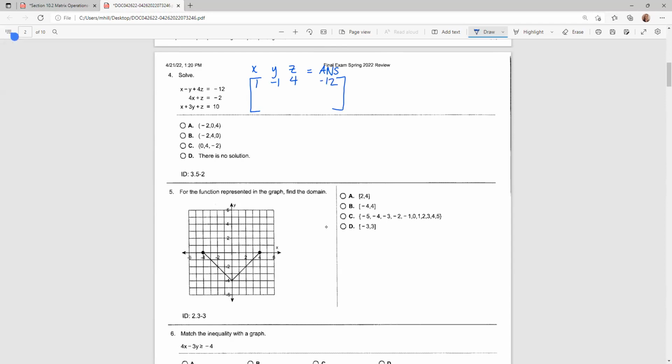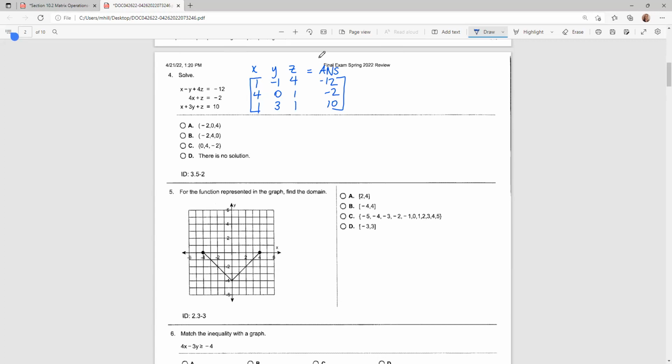On the next row, we have 4 x's. We don't have any y's here, so it'd be 0 y's, 1z is equal to -2. 1x plus 3 y's plus 1z is equal to 10. Is everybody okay with that? Like where I came up with that?